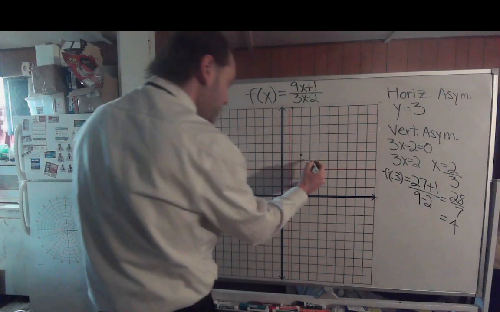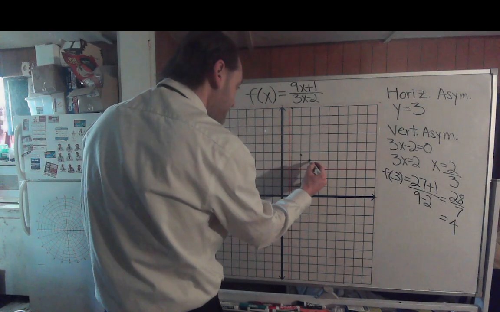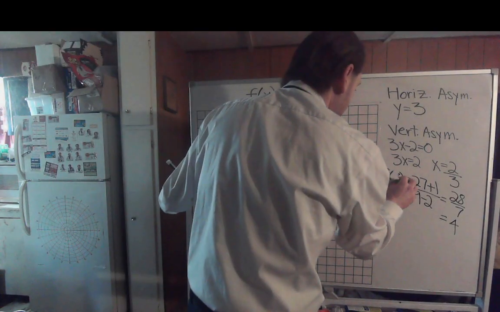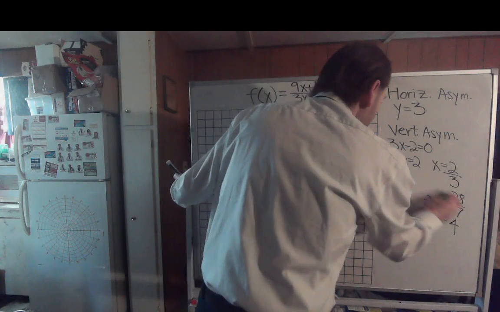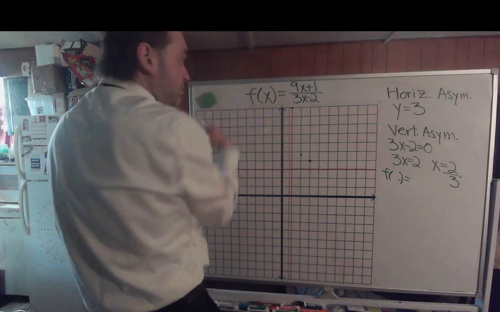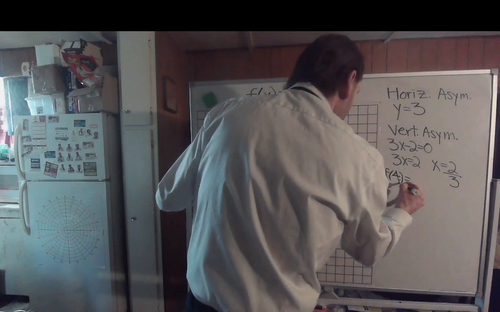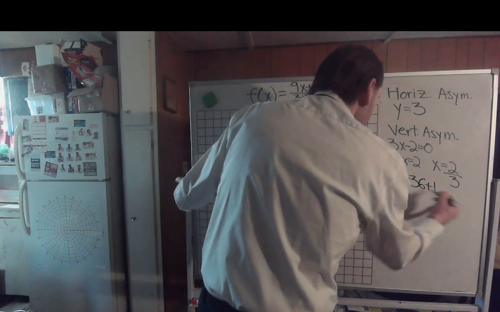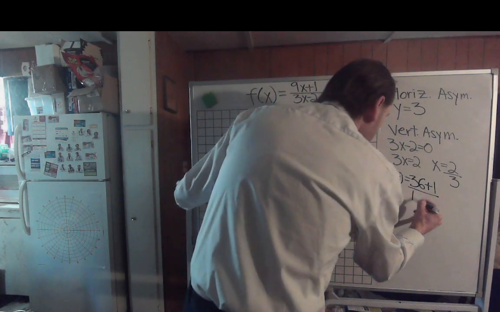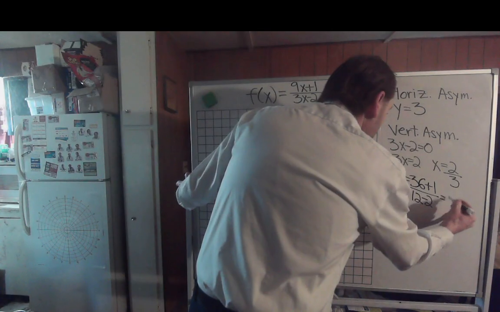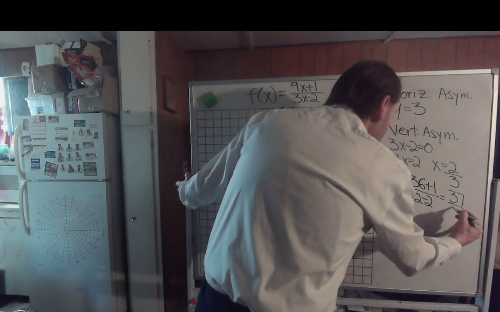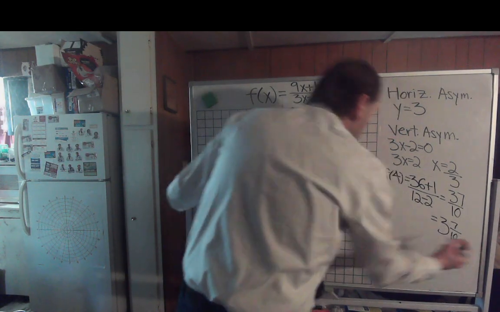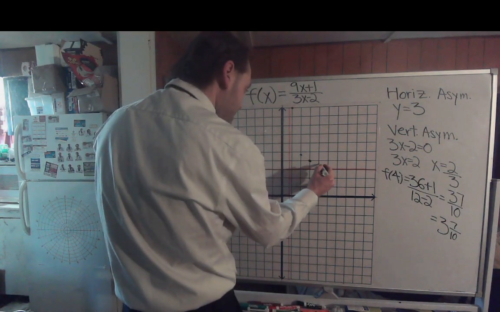So when x is 3, we get 4. And we'll do f of 4 for good measure. So that would give me 36 plus 1 divided by 12 minus 2, which would give me 37 over 10, which would give me 3 7/10 for my y value. So that would be about right there.